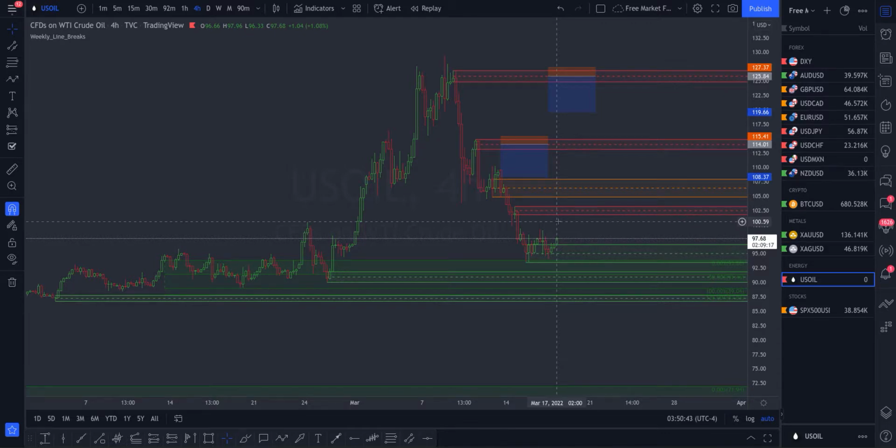Okay, so we may get a push up to again fill in this candle gap right here. Excuse me, fill that in, and we may get a 4-hour supply sell trade off of it.